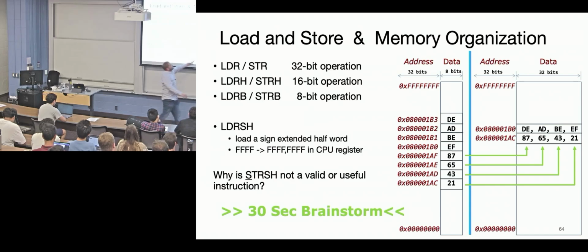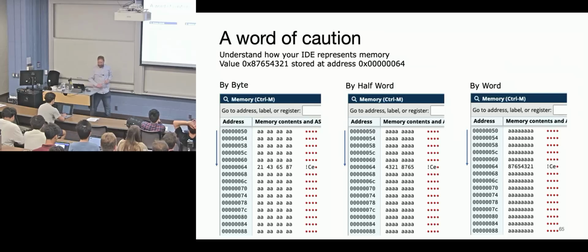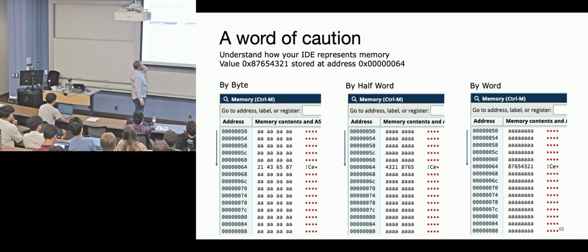So these are two versions of the same memory, right? This is looking at a word at a time with your address incrementing by 4. This is byte at a time, address incrementing by 1. If you go into your IDE, this is memory addressed by bytes. So here I put in 8765431 into memory.